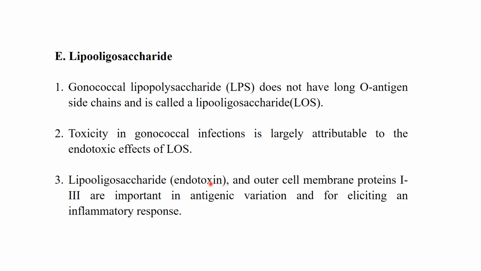Lipo-oligosaccharide, endotoxin, and outer cell membrane proteins 1 to 3 are important in antigenic variation and for eliciting an inflammatory response. Lipo-oligosaccharide acts as endotoxin, and the outer cell membrane proteins, which include proteins 1 to 3, are important in antigenic variations and for eliciting an inflammatory response.